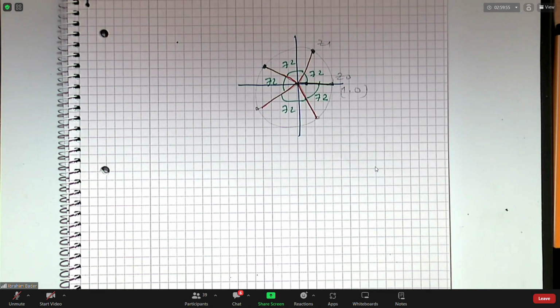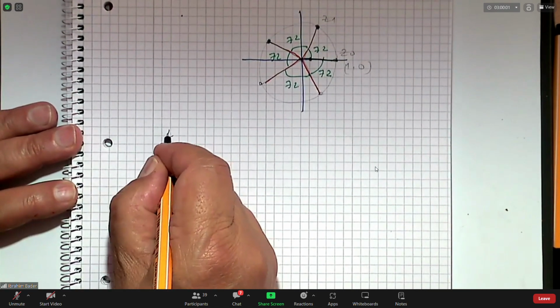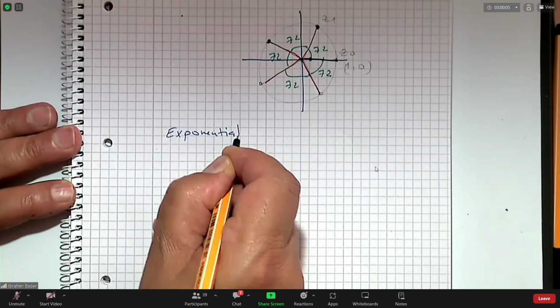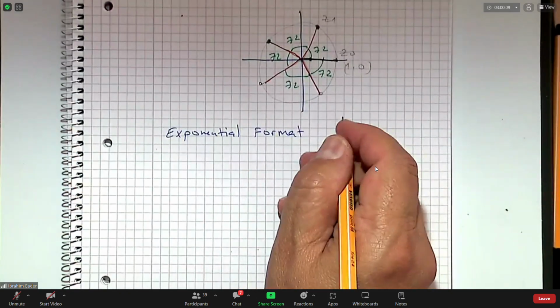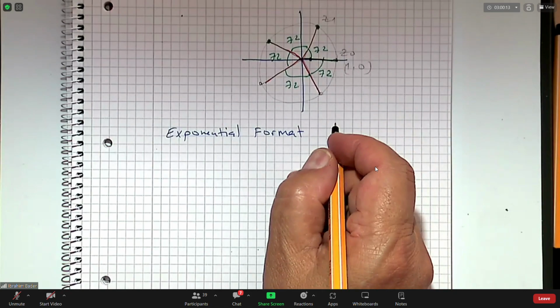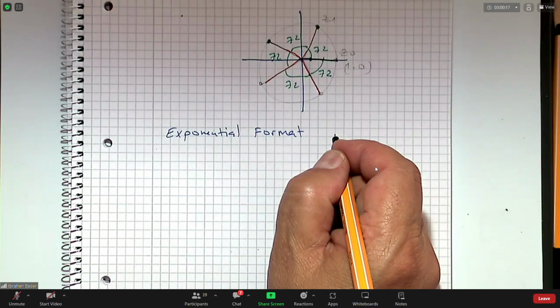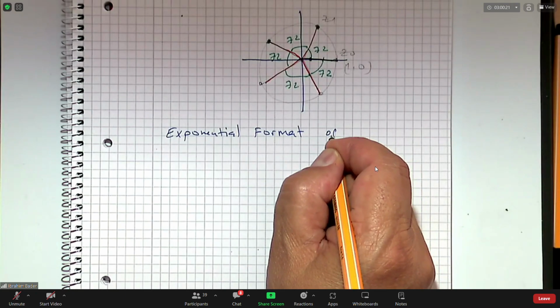What is the exponential format? If you don't have any question, we can move to the exponential format. And this goes back to the famous Swiss mathematician Euler, of complex numbers, of course.